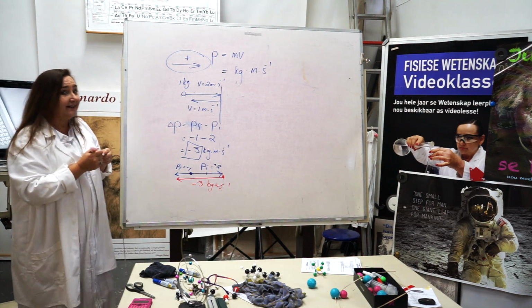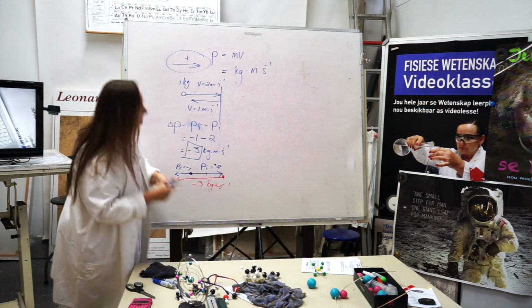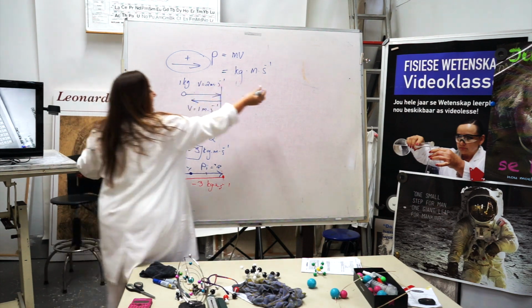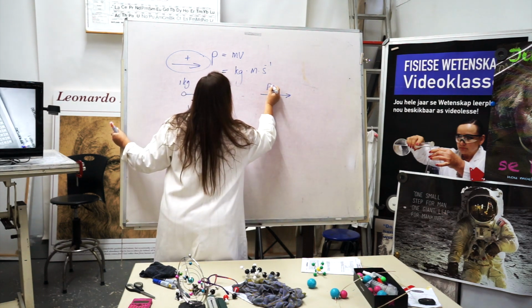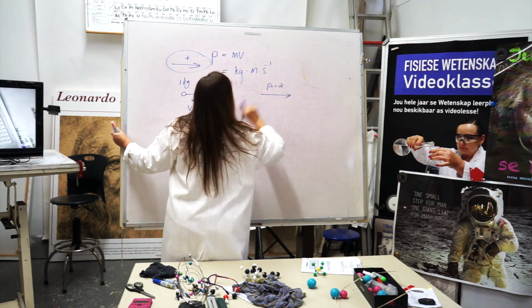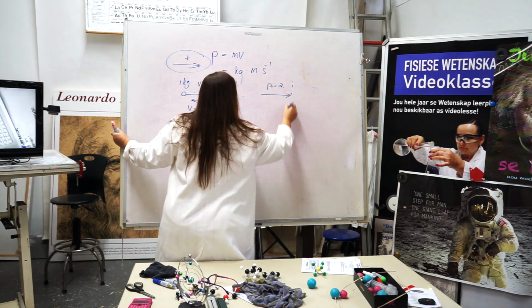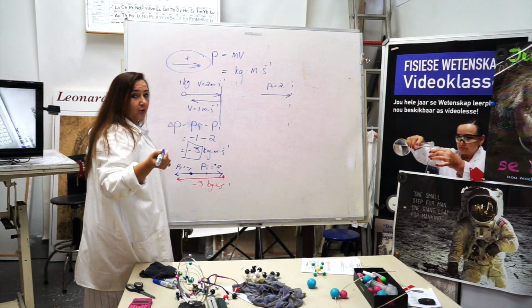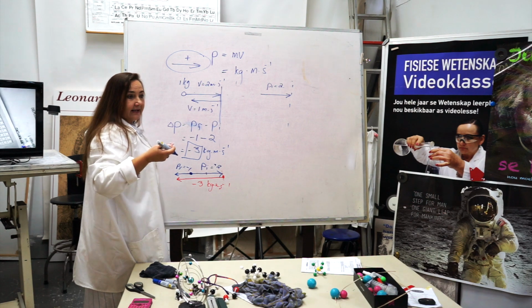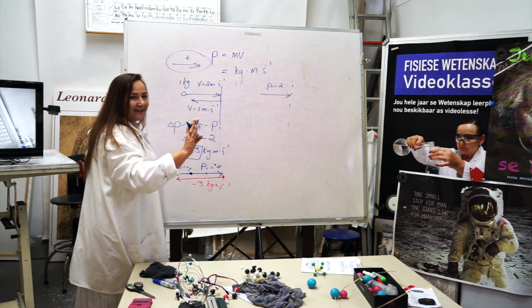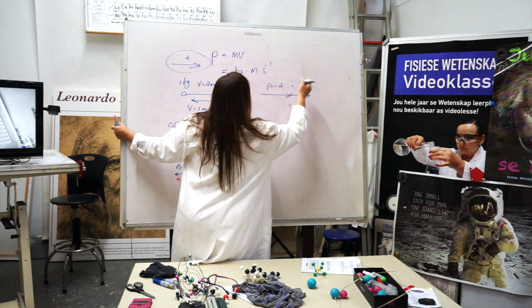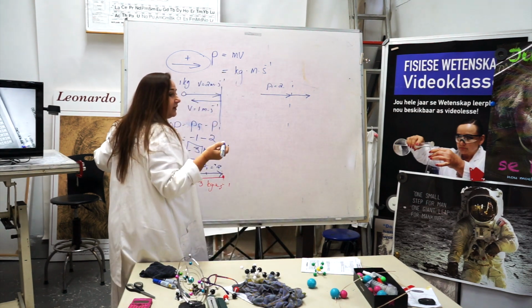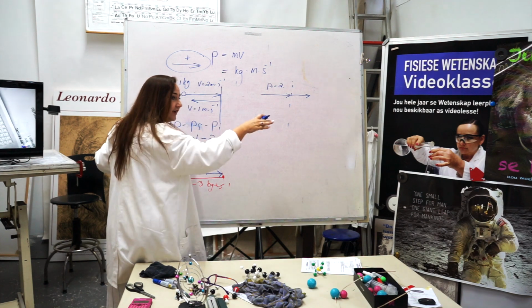Let's have a look quickly at another example. Let's say it's the same thing. I'm again throwing the tennis ball. Again, let's say P initial equals 2 in that direction. But instead of hitting a wall and bouncing back, it goes through tissue paper and continues in the same direction, but now with a final velocity of +1 in the same direction.